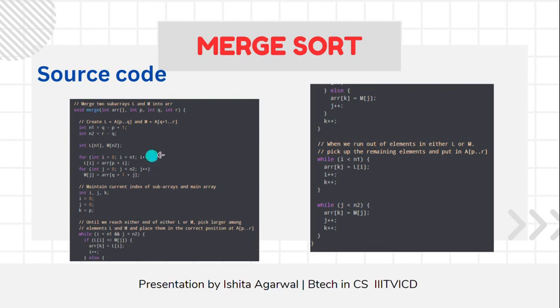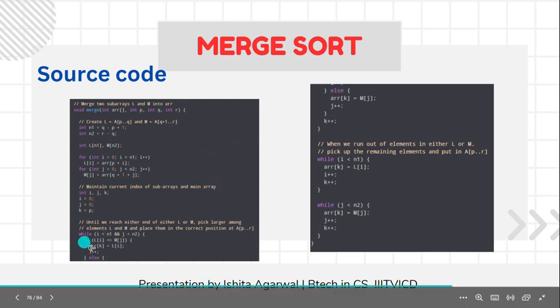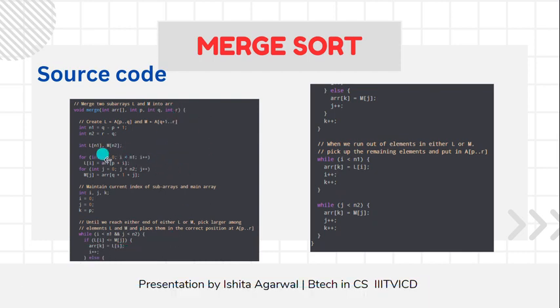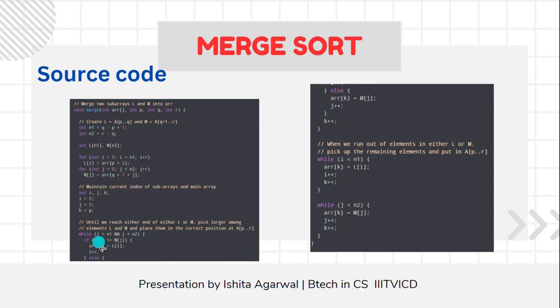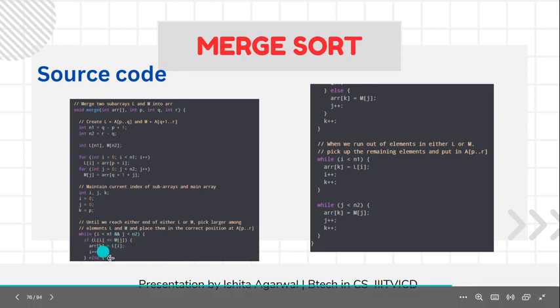Now this function is basically used to merge the two arrays. What we will do here is while i is less than n1 and j is less than n2, that is both the subarrays are present, we will first check their elements, the elements of the first array are in L and second are in M. We are checking which element is less than or equal to: if L[i] is less than or equal to, we are putting it in array[k] and then incrementing i plus plus, else we are putting the M value in the array and incrementing j plus plus.